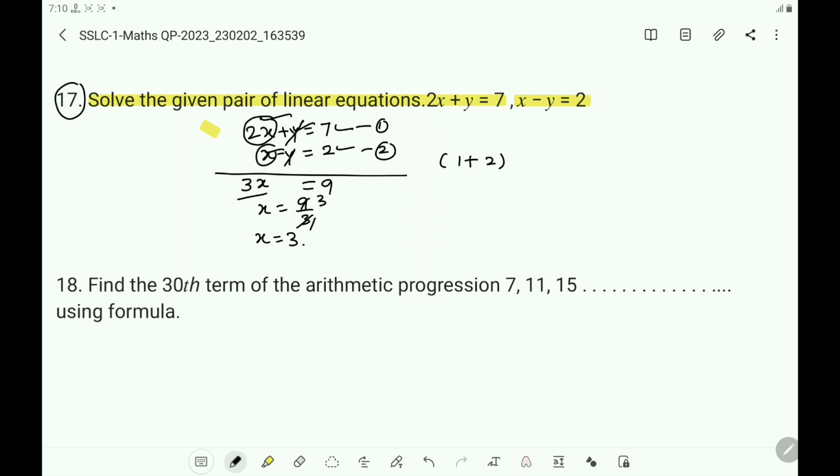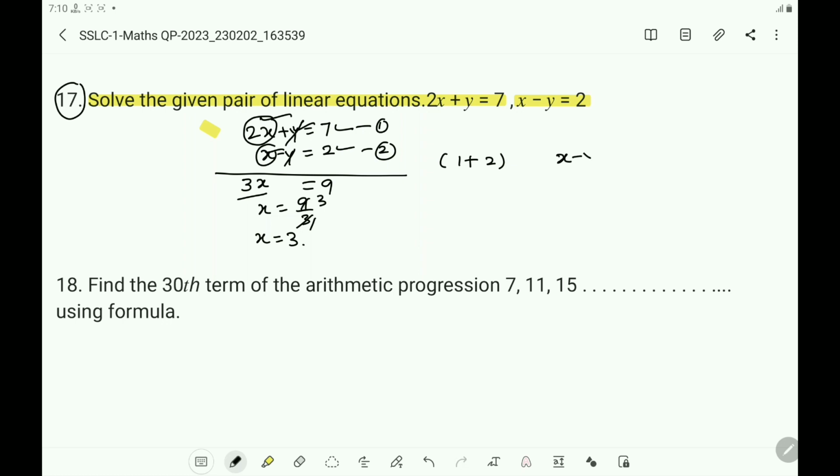Now to find the y value, take the value of x equals 3 in any one of the equations. You can take either 2x plus y equals 7 or x minus y equals 2. Then let us take the first equation or second equation.